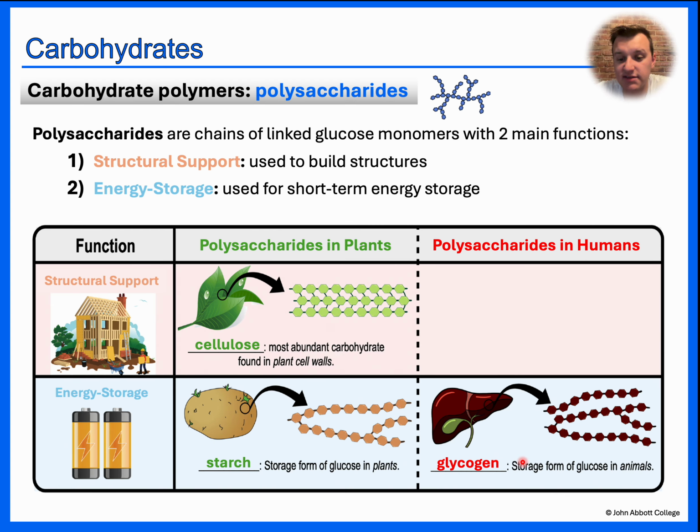In humans, we actually have glycogen. Glycogen is this branching of all the glucoses. And this is how we store glucose in humans. So be careful with these terms: glycogen, glucose, it's very annoying.